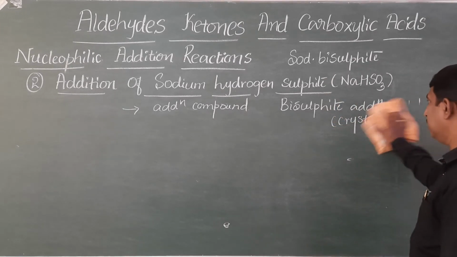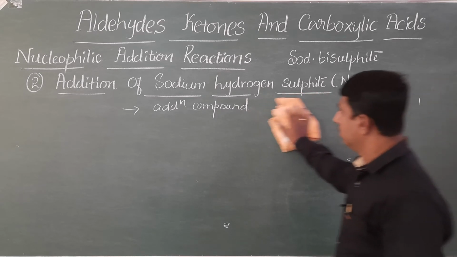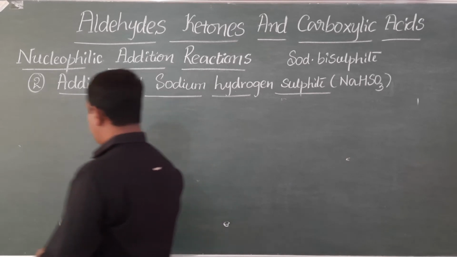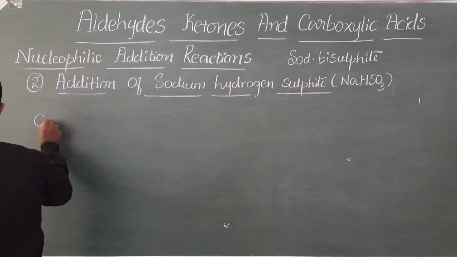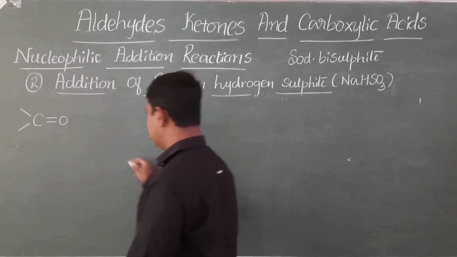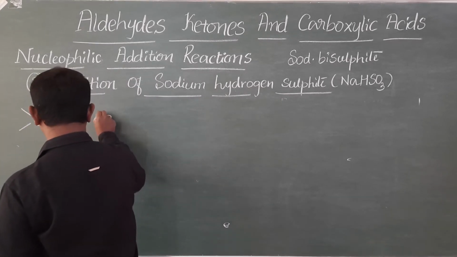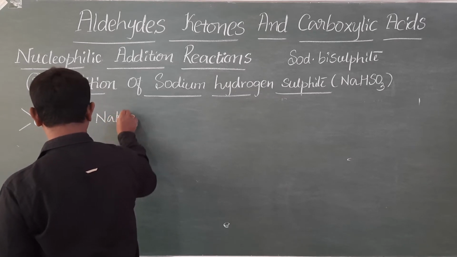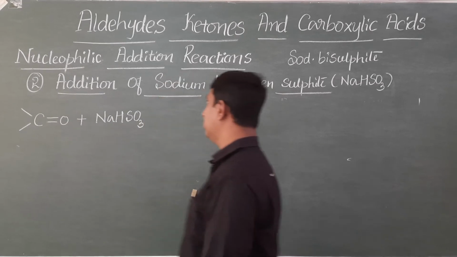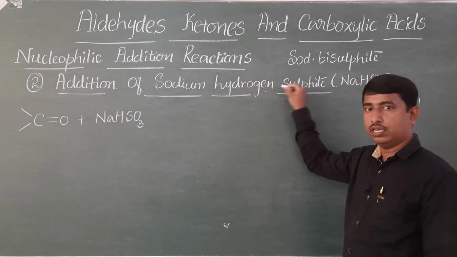Now we can write the equation. Aldehyde or ketone means C double bond O. This compound is made to react with sodium hydrogen sulfide.